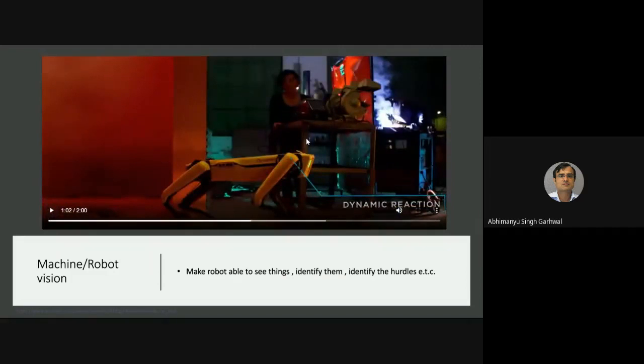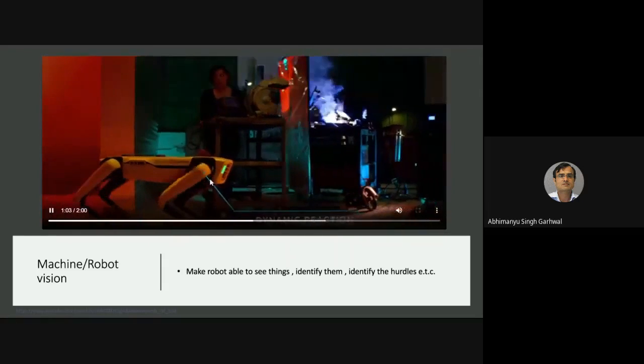Here you can see he hit some obstacle, and he changed his path quickly.